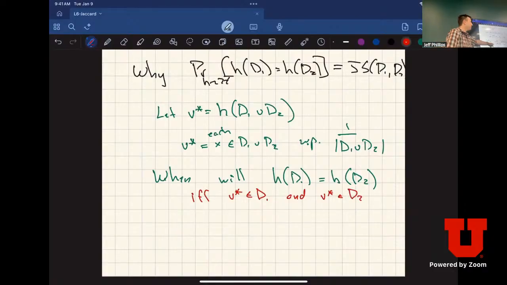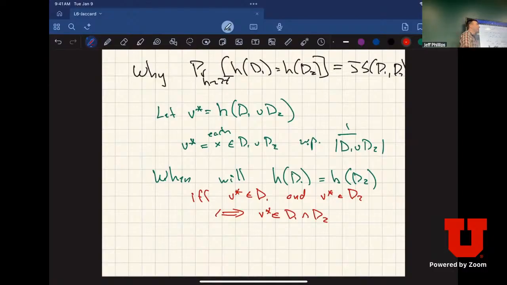V star must be in one of D1 or D2, but I need it to be in both of them. And when will it be in both of them? This is equivalent to V star being in D1 intersection D2. Right? So they will hash together if V star is in the intersection of D1 and D2.